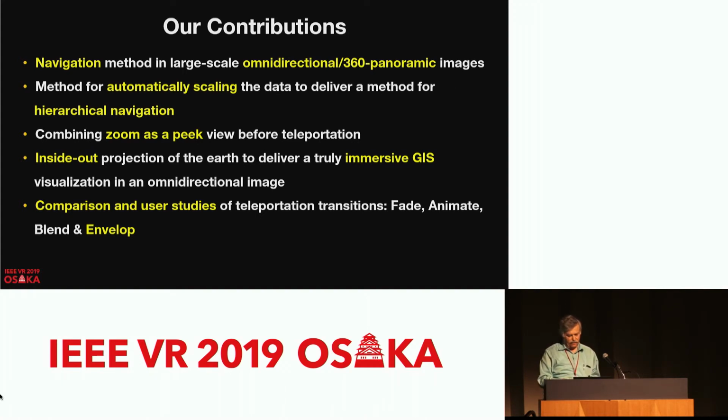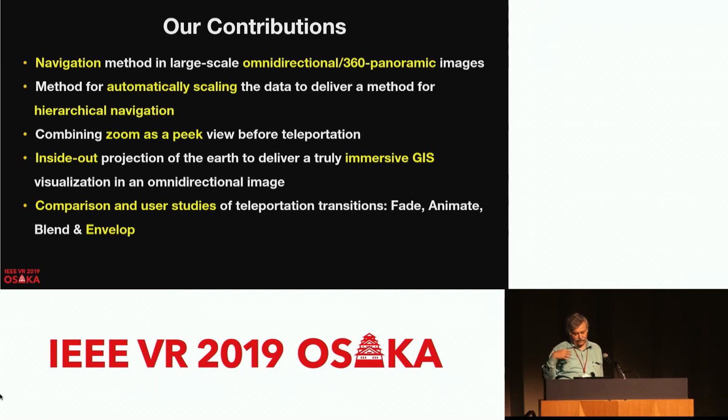We have this method for automatically scaling the data and allow you hierarchical navigation. We combine this zoom and peek before the teleportation, or could be even part of the teleportation in the envelope mode.